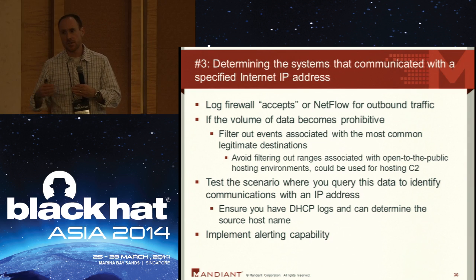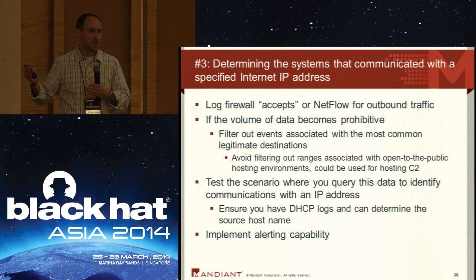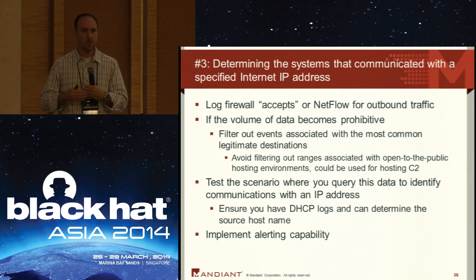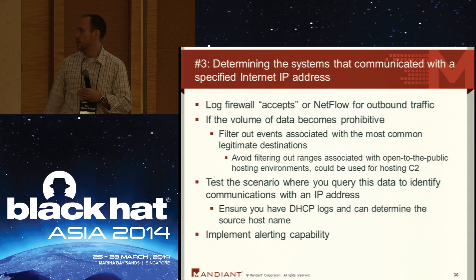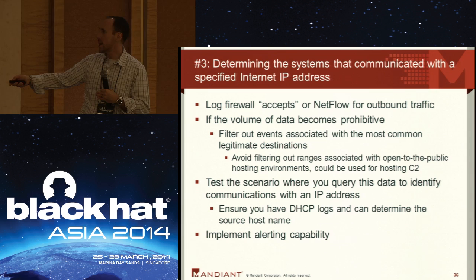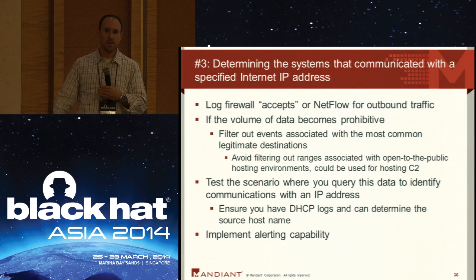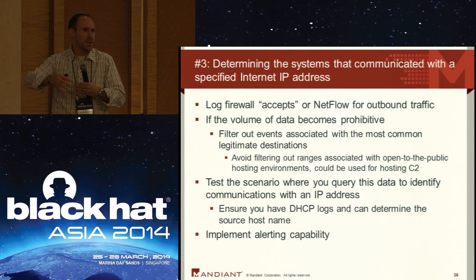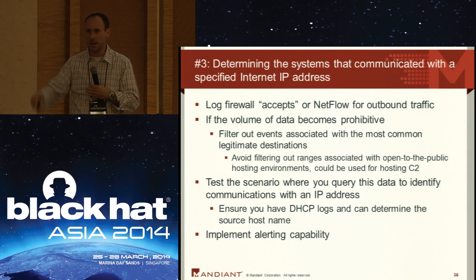Like you don't necessarily need to know every time somebody goes to your corporate website or one of your top business partners' websites or Yahoo or Google or whatever. So you can filter some of that out. If you do that, don't filter out ranges that are associated with hosting services. You wouldn't want to filter out all of Amazon space because any of those hosting providers, where you can easily set up shop, an attacker may use for C2.